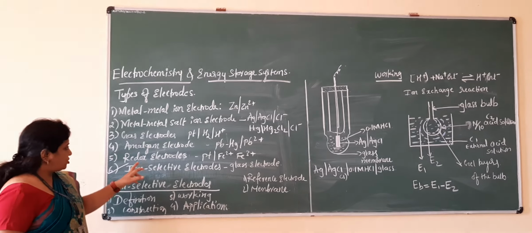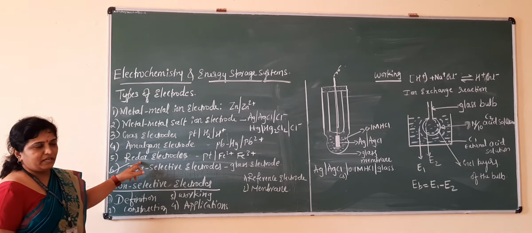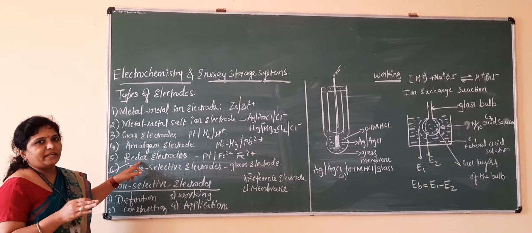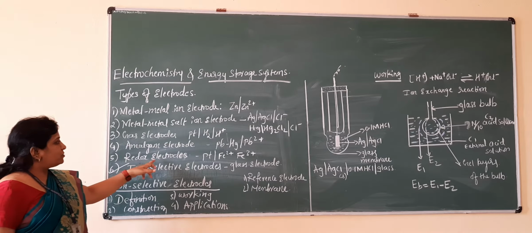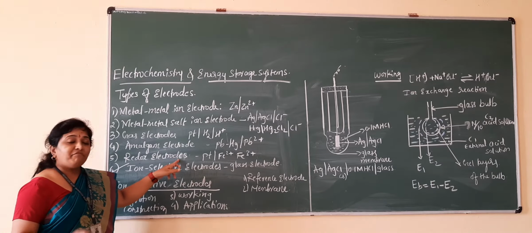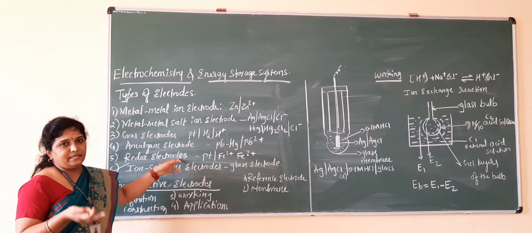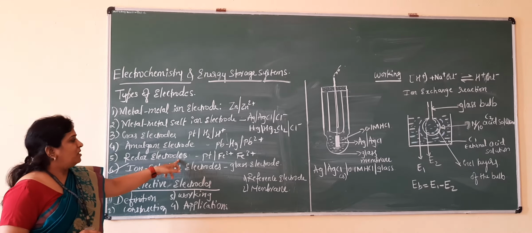Redox electrodes are those where both reactions are possible, oxidation as well as reduction. So redox electrodes are the electrodes where we find both forms of a substance, the reduced form and the oxidized form of the same substance.